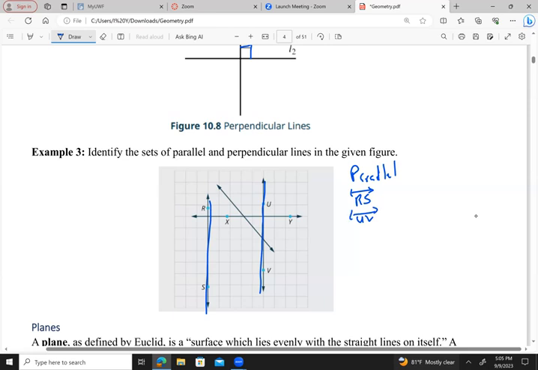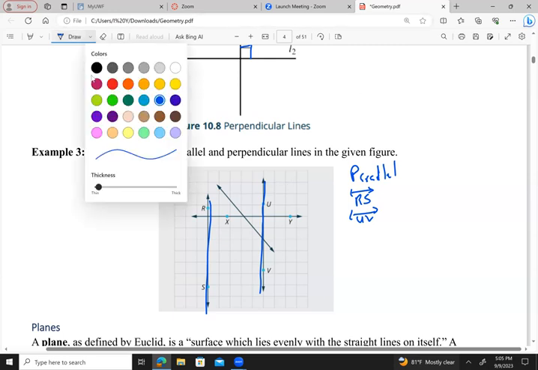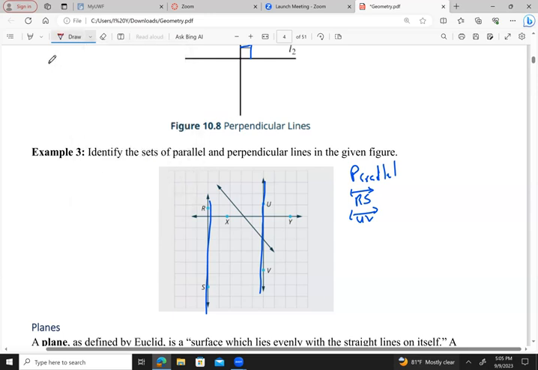What about perpendicular? Well, I guess two lines are perpendicular.